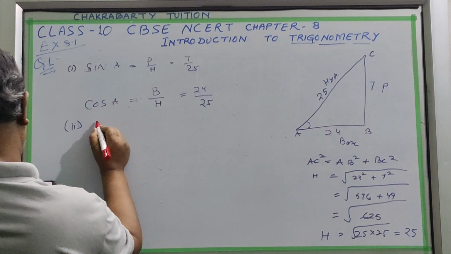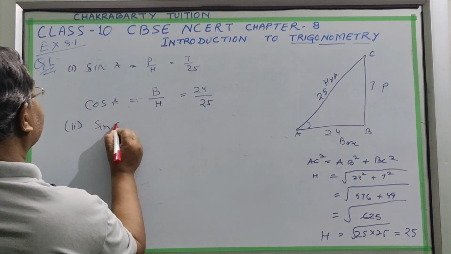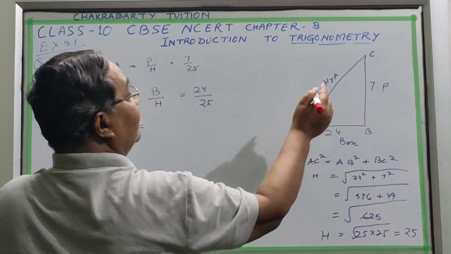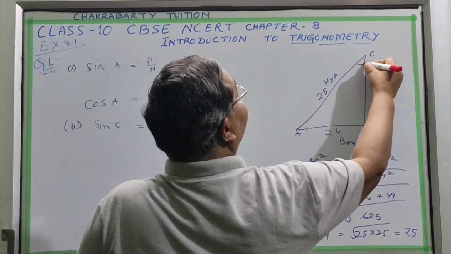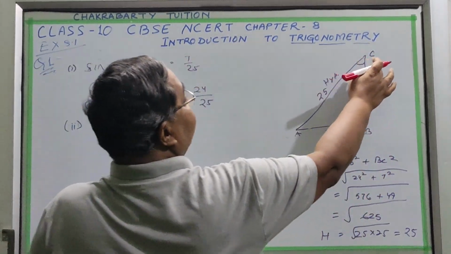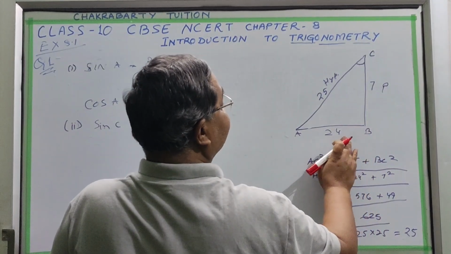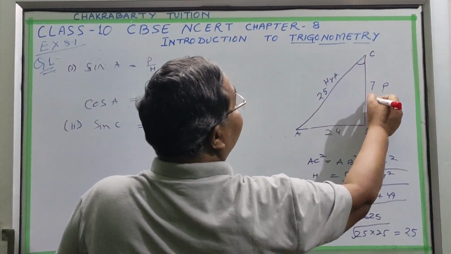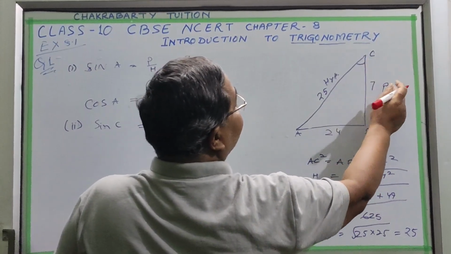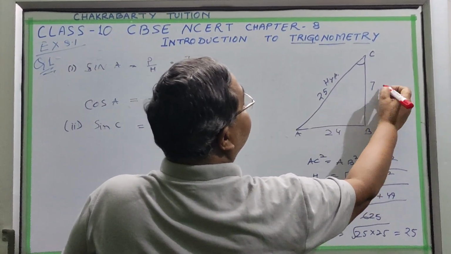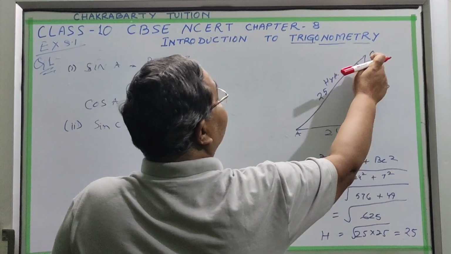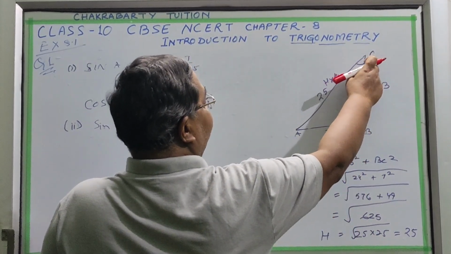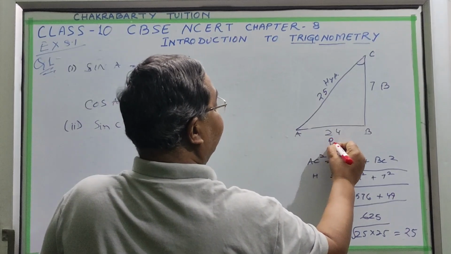In question number 2, they want sine C. So suppose we are not taking this angle; we are taking this as theta. So if this is your base, this is C, so the line adjacent to theta becomes the base, and the line opposite to theta becomes your perpendicular.